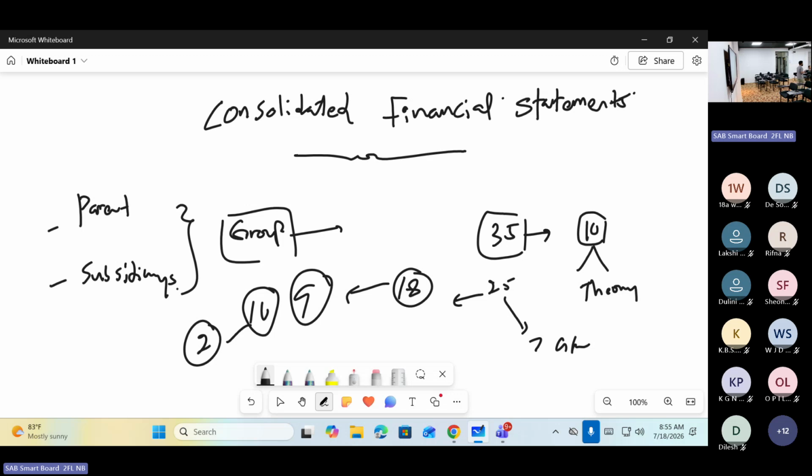Now we are going to do the goodwill calculation.